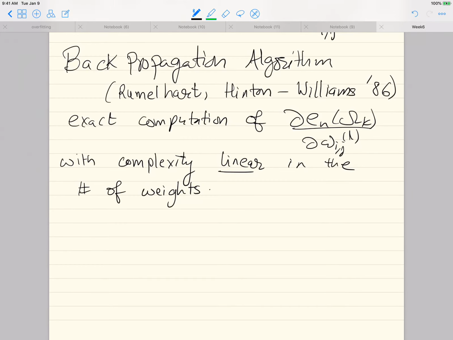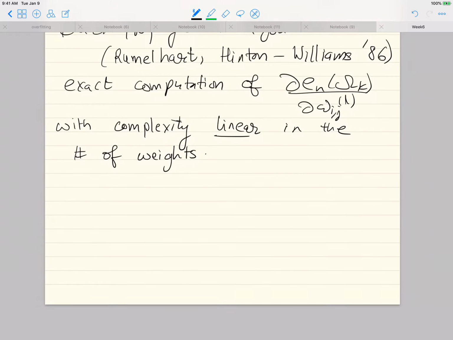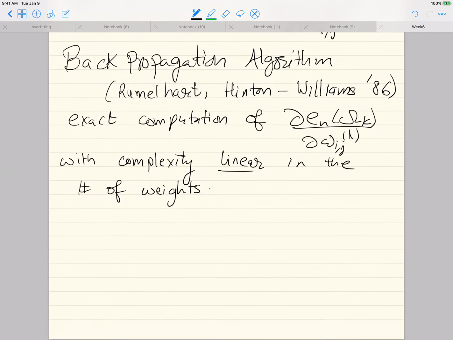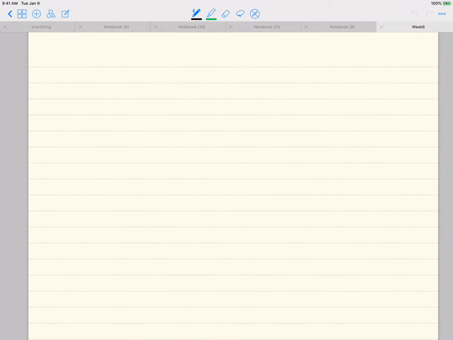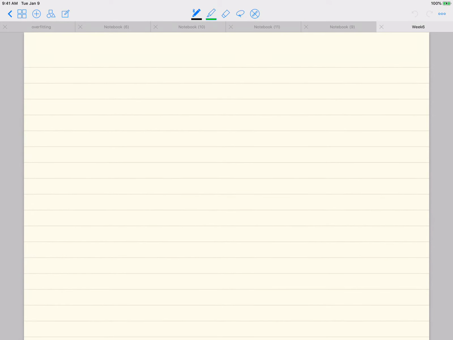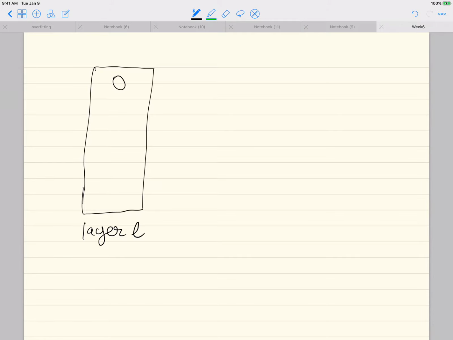Okay, so let's understand the setting a little bit, and I will move on to the next page. Let's say that we are in layer L of the neural network. This will have a whole bunch of nodes in layer L. There is the bias node where the output is always set to 1.